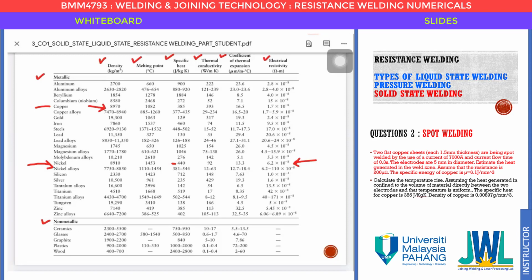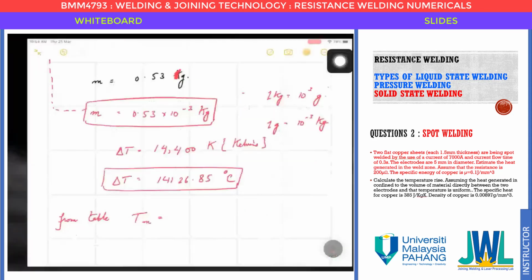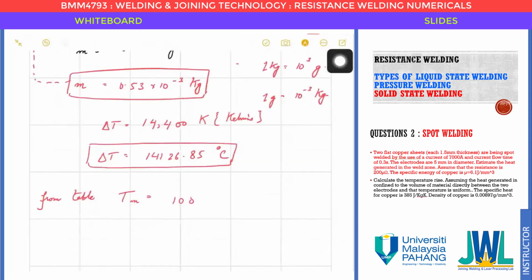So imagine how much extra temperature has risen. The melting temperature is 1082 degrees centigrade, however the temperature difference is 14,000 degrees. So imagine how much heat has been generated in a span of only 0.3 seconds. Okay, so this is the concept. How the heat is distributed and how the heat is generated during resistance welding.